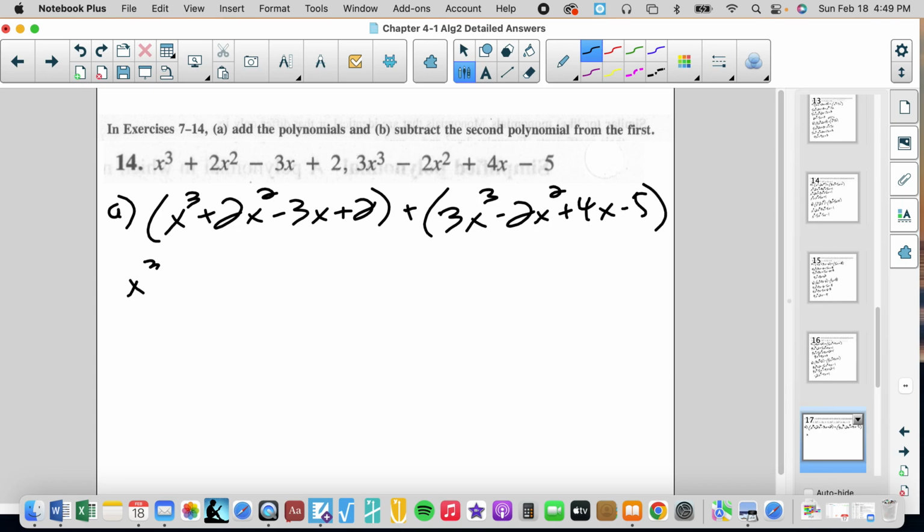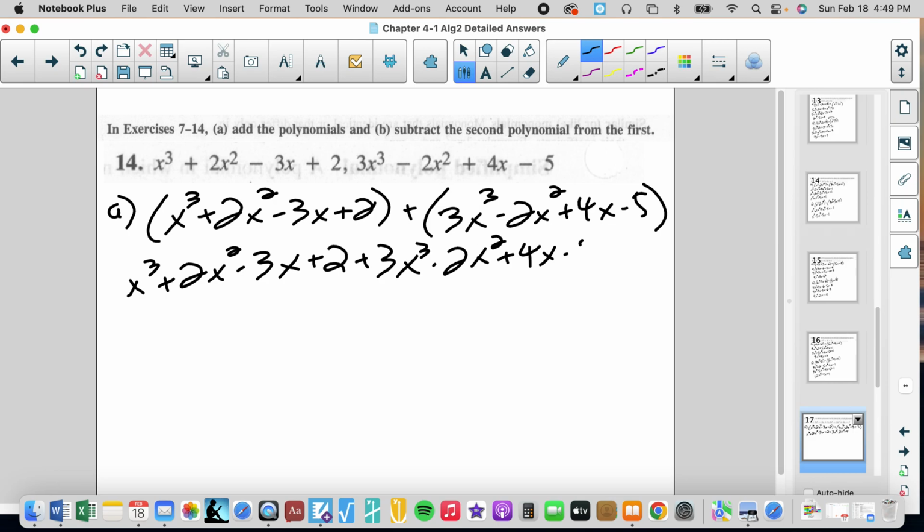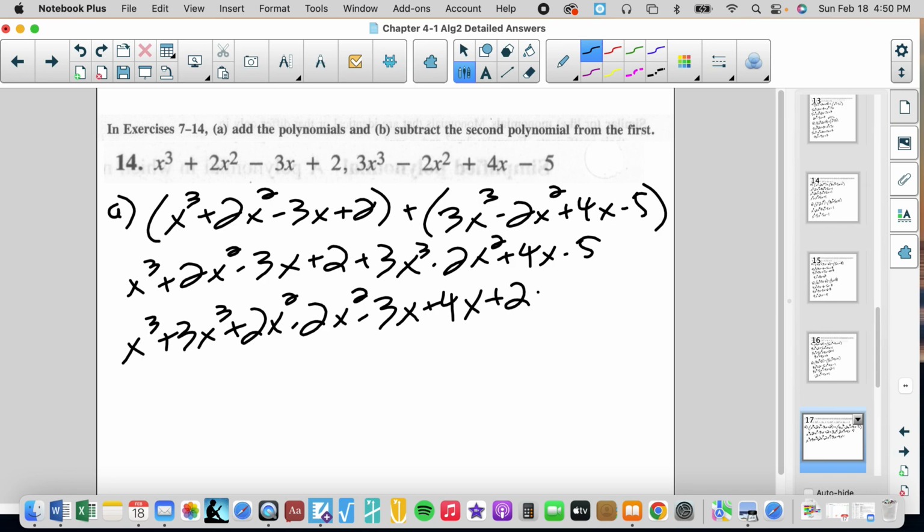So we get x cubed plus 2x squared minus 3x plus 2 plus 3x cubed minus 2x squared plus 4x minus 5. Let's put them in order. X cubed plus 3x cubed plus 2x squared minus 2x squared minus 3x plus 4x plus 2 minus 5.